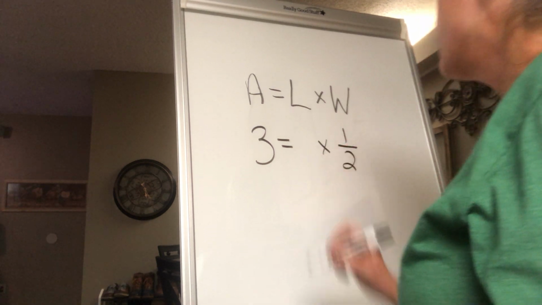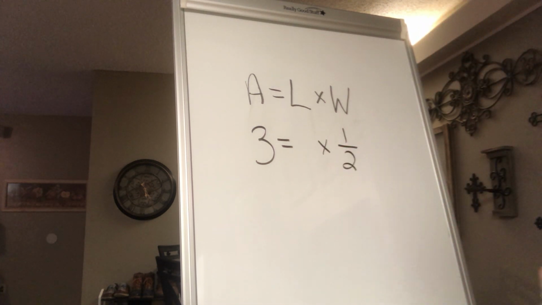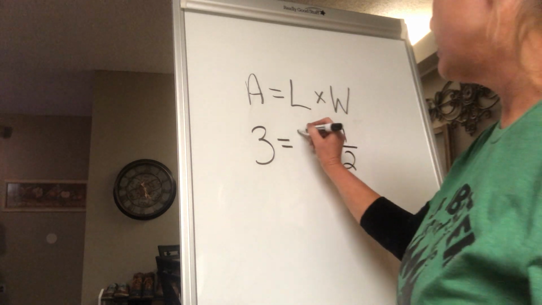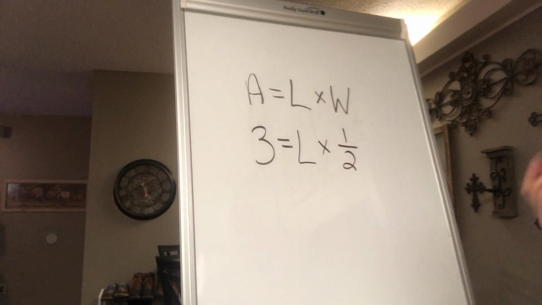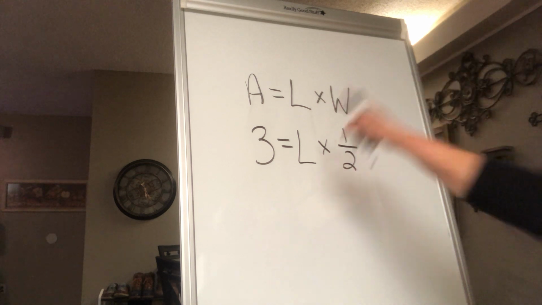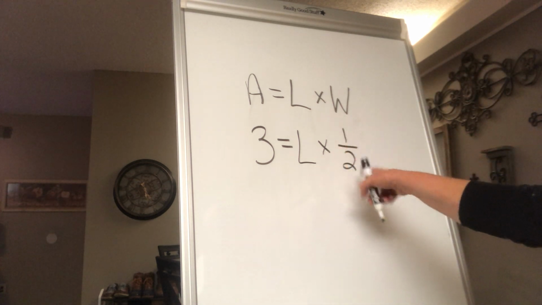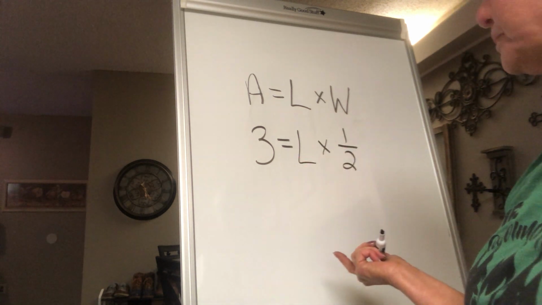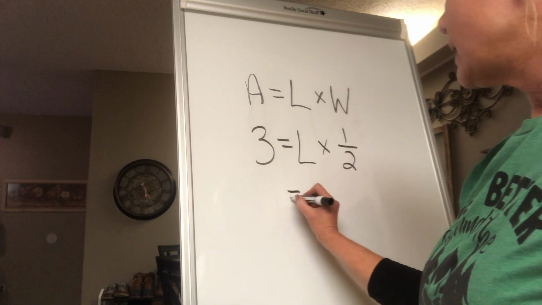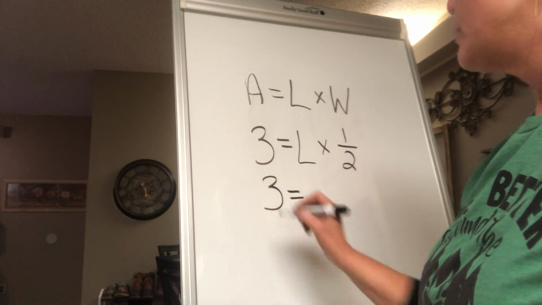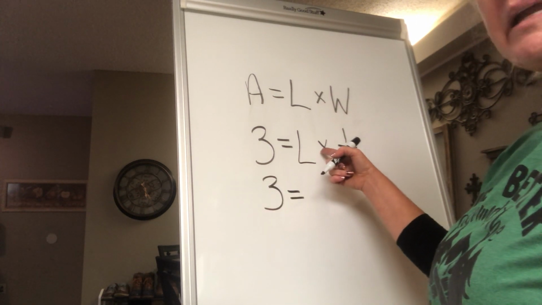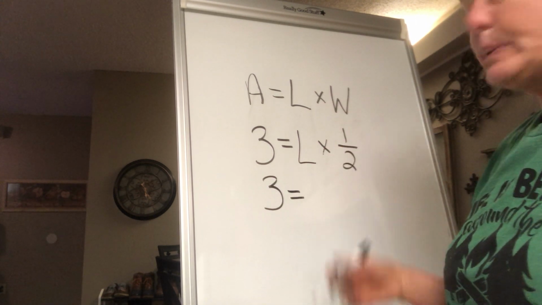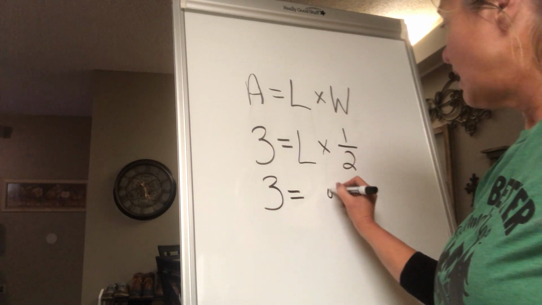And I know that length times width gives me area. So I have to determine what I would have to multiply 1/2 by to give me 3. So I start thinking of what I know about multiplication and just speaking English. I know that this is "of," right?